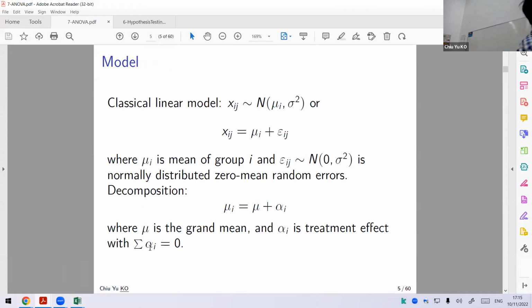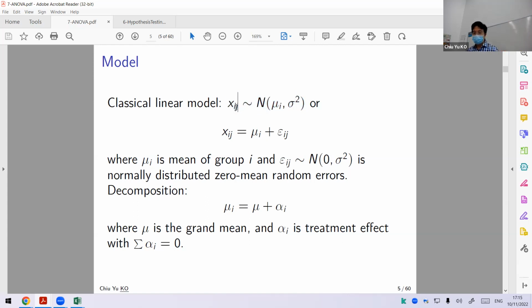As I said, we are using the bell curve, so that's why we need to make assumptions on the bell. Here we have some mathematical notation. What it says is that the classical assumption is that every observation follows a normal distribution, the bell.